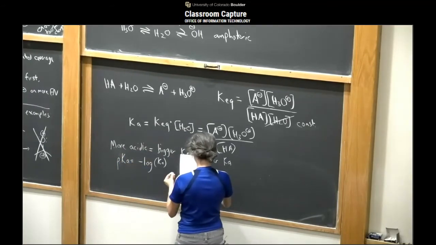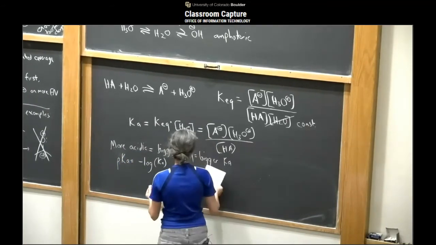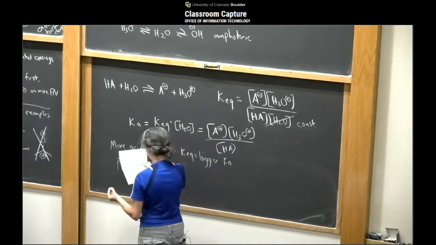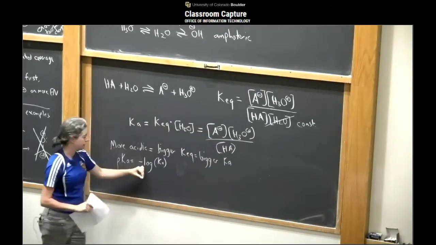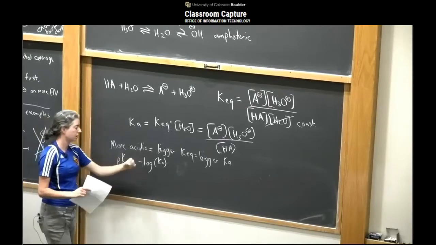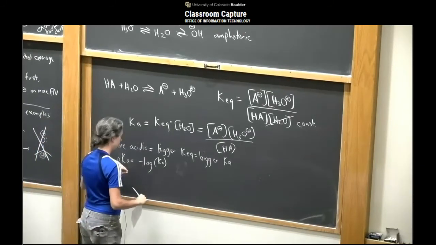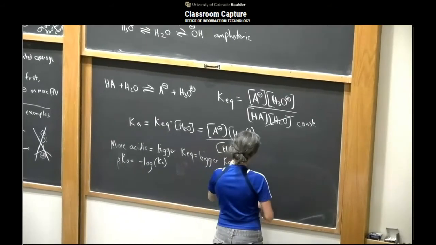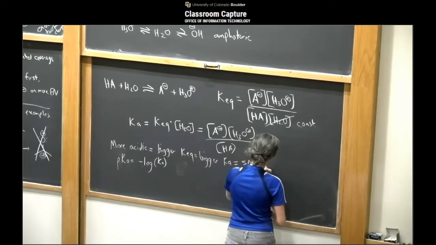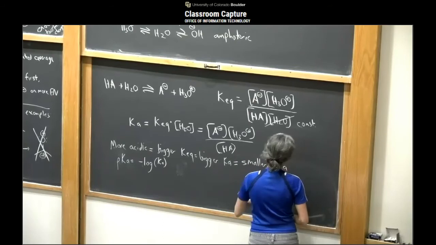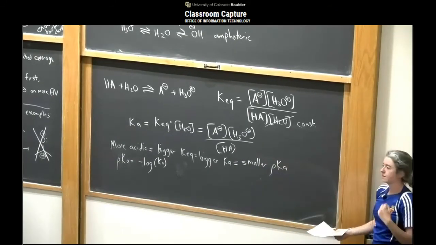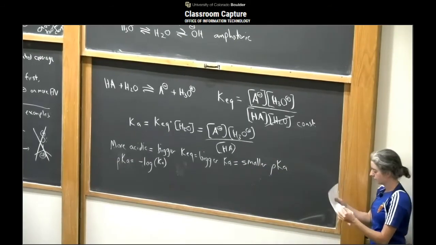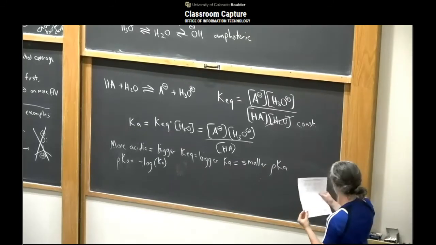So we know that bigger Kas go with stronger acids. If we're taking the negative of the log, then more acidic, bigger Keq, bigger Ka, smaller pKa. So the stronger acids have lower pKa values.